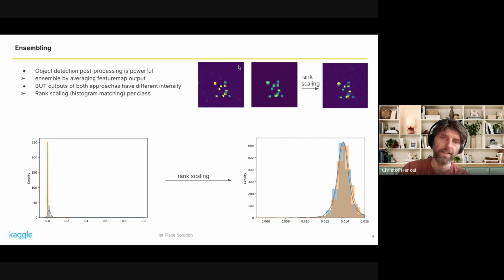So I take the intensities coming from Eugene's predictions, I scale up my predictions with those intensities, and the result is basically this image, which is basically my localization, but with higher intensities. And by this, we can really align the histograms and blend our output feature maps before doing the object detection post-processing.